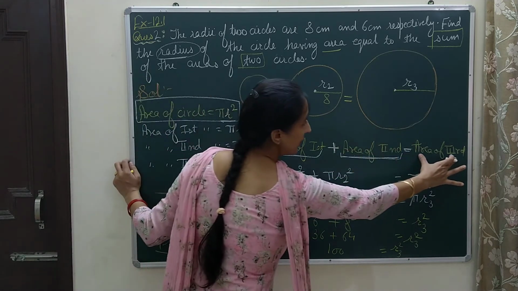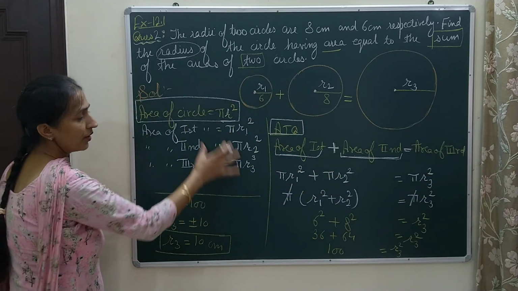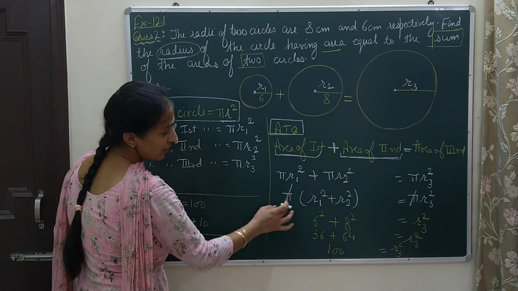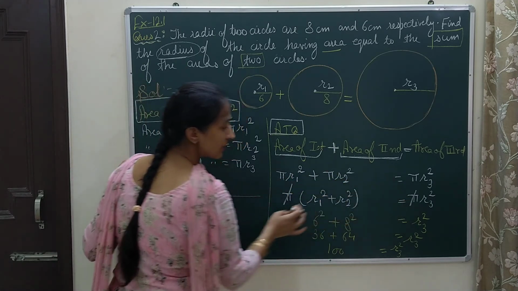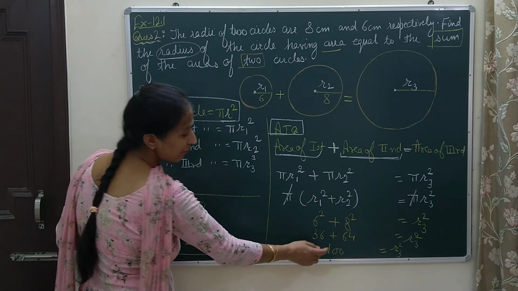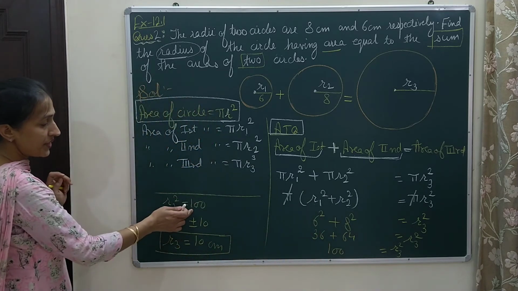So I can replace the values of the areas of third, second and first from here. When I replaced them, I got that pi is common in the first two, so I took pi common and cancelled it. Then I replaced the R1 and R2 values, and I got that R1 square plus R2 square is 100, which can be written as 10 square.